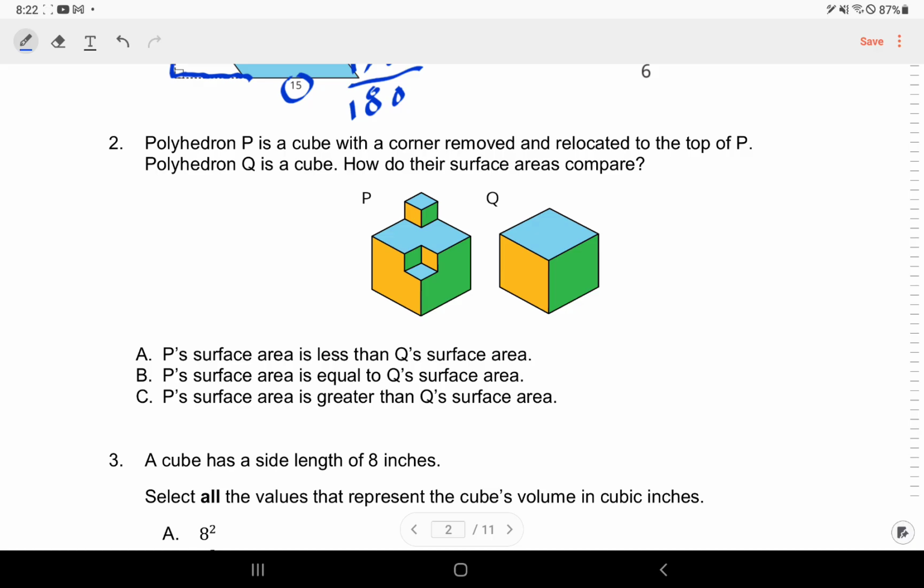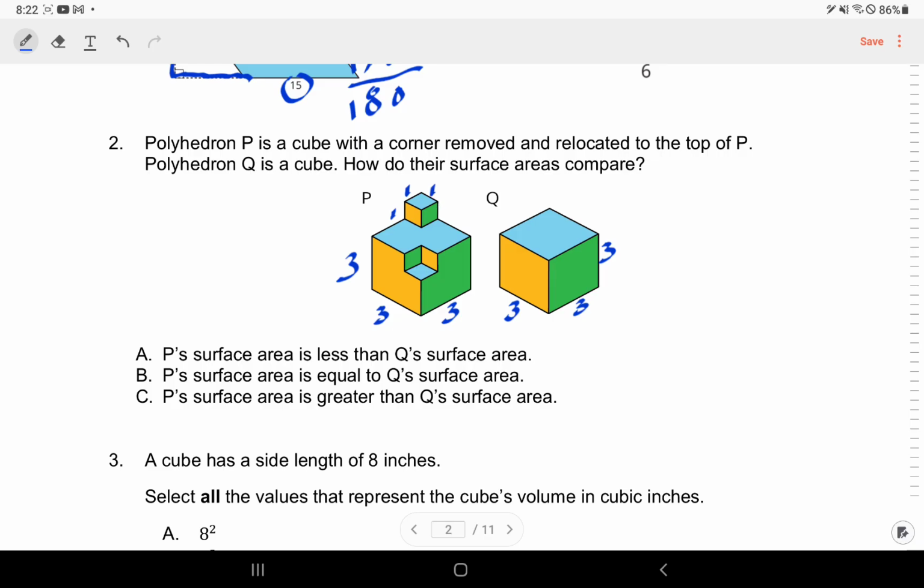So let's say that this is 3, 3, and 3. Well, then this is 3, 3, and 3. But with this piece missing, that's 1, 1, and 1.